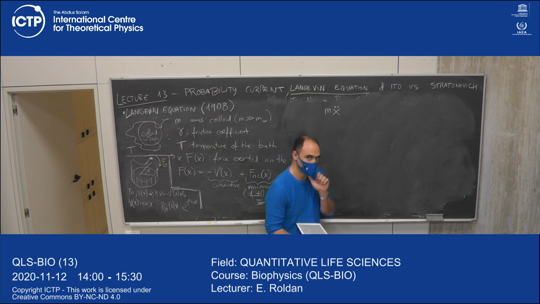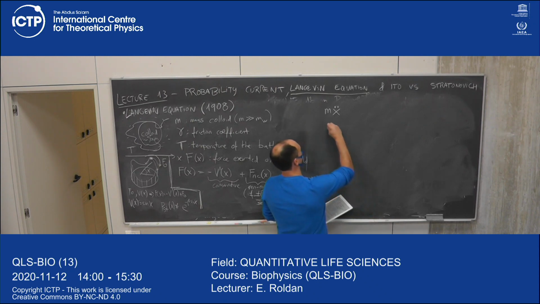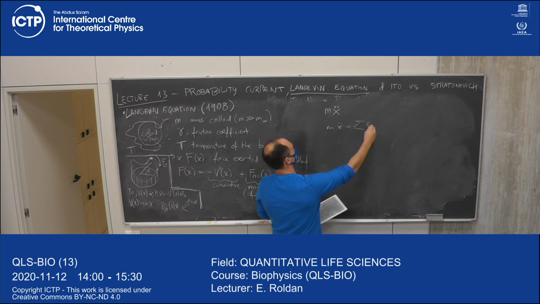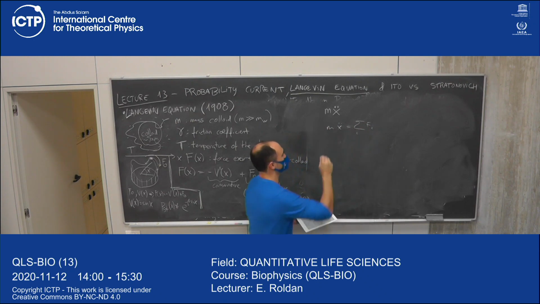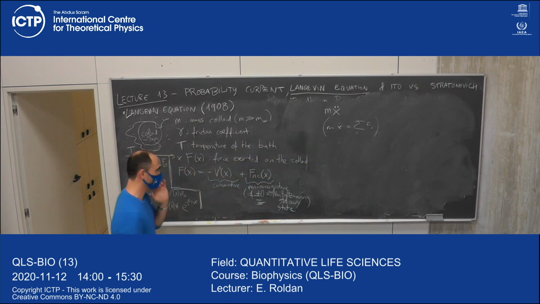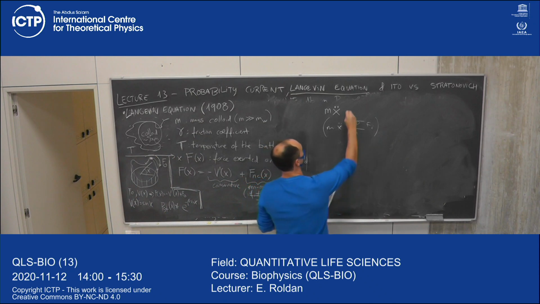Newton's second law is mass times acceleration equals the sum of the forces. So you write m x double dot equals the sum of the forces. This is the philosophy behind it. And now I'll tell you which are the forces coming in here. So let's go one by one.